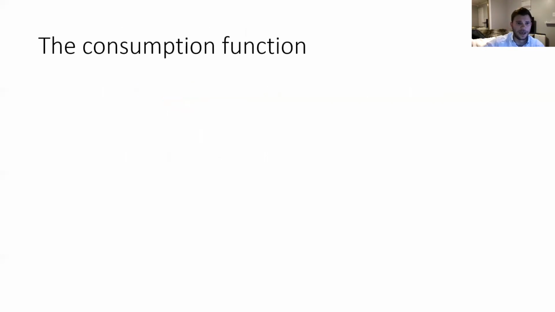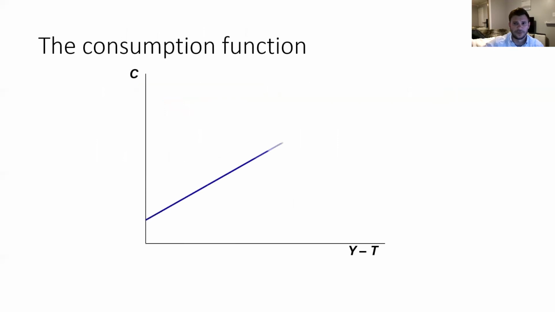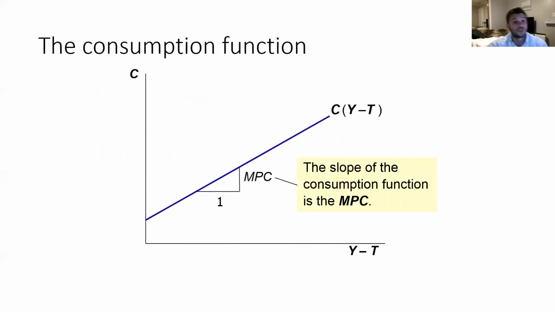And we could think about, if we were to graph consumption versus disposable income, the marginal propensity to consume as measuring the slope of this consumption function. In this particular diagram, I've drawn a linear consumption function, which implies a constant marginal propensity to consume. But we also discussed in class that a more realistic consumption function might be concave, whereby the marginal propensity to consume diminishes as disposable income increases.